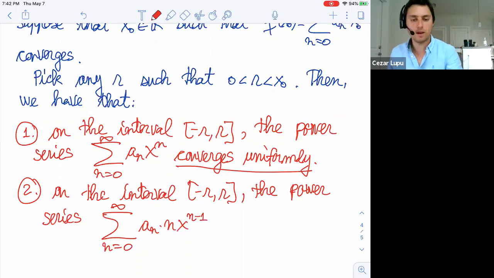As you can see, I'm taking the derivative here. This series will converge uniformly as well.